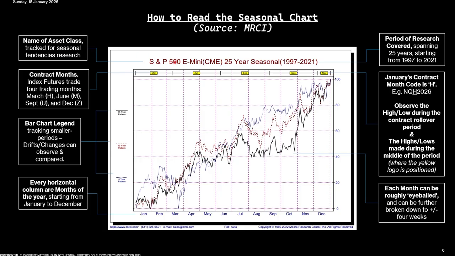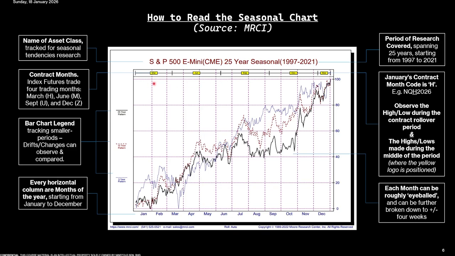First, you have the name of the asset class, along with the period of research it covers, which in this case is a 25-year seasonal tendency for the S&P 500 E-mini, ES, from 1997 to 2021. It's a long period of time. And on top of that, it's also broken down into the contract months.